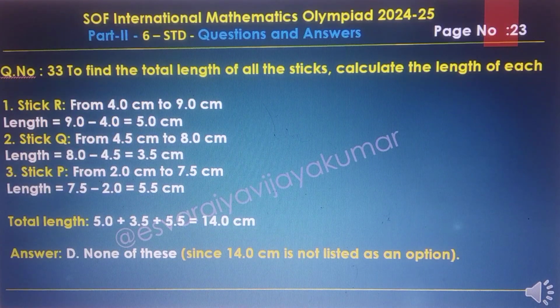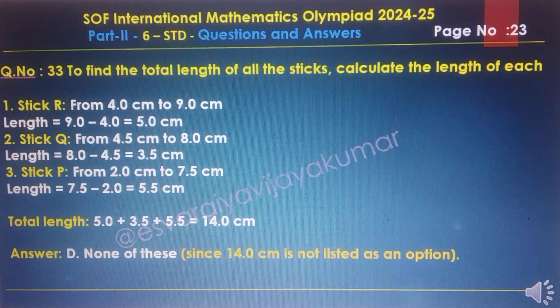To find the total length of all the sticks, calculate the length of each stick. R is from 4.0 centimeters to 9.0 centimeters, so length equals 9.0 minus 4, which is 5 centimeters. Q the same way, 8 minus 4.5, is 3.5.